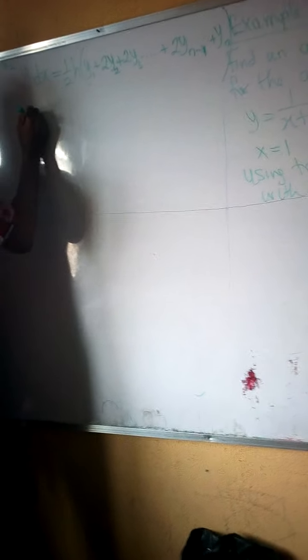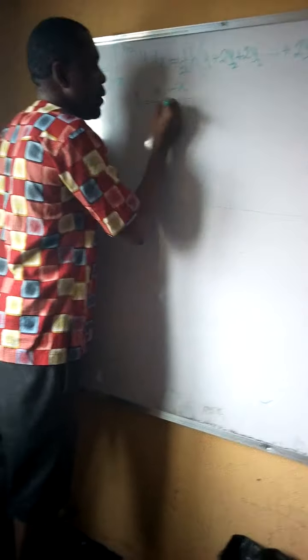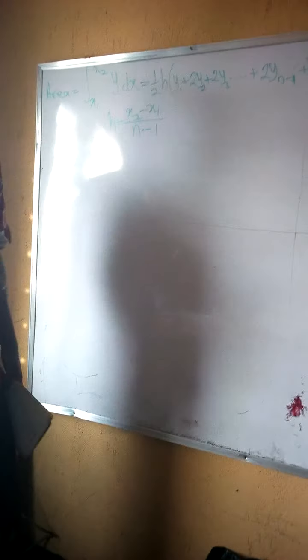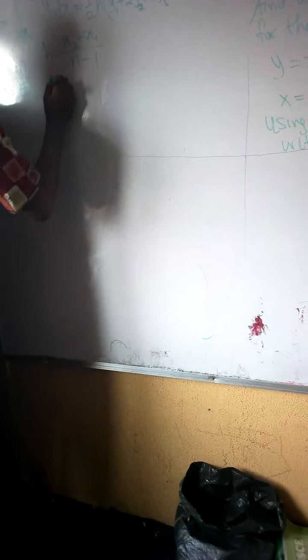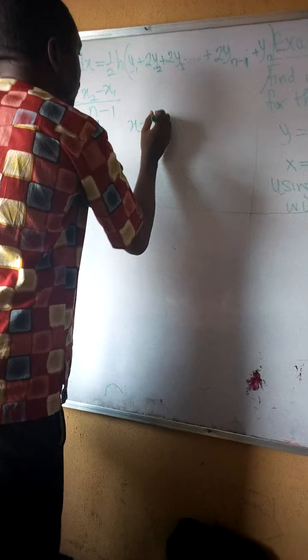And the height is equal to x2 minus x1, that's the interval on the x-axis, over the number of ordinates we need, minus 1. So here in the question, we want 5 ordinates. That means n equals 5. x1 is 1, x2 is 3.